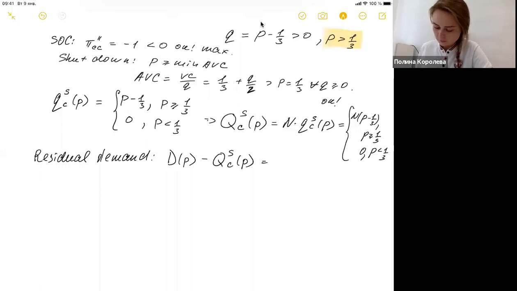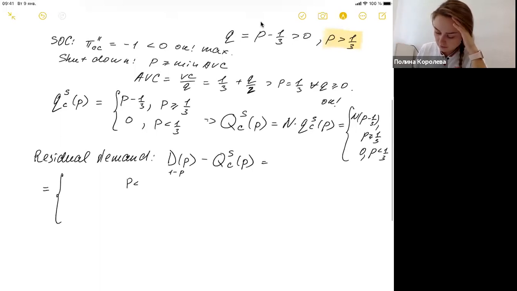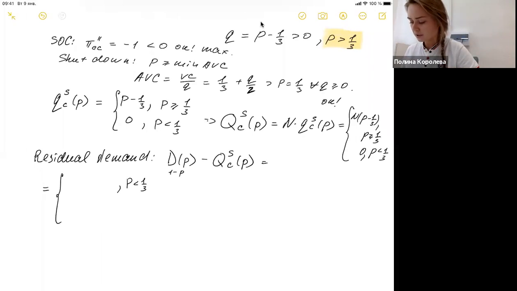So we will write demand function was 1 minus P. Yes, supply, total supply we know. So it will be, okay. If we have low prices, if price less than 1/3, our market supply equals to 0.